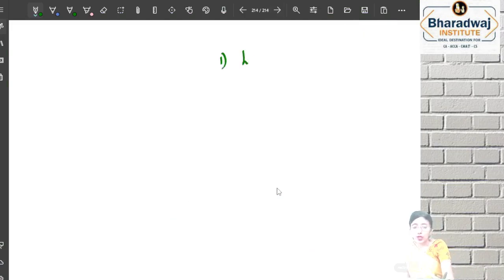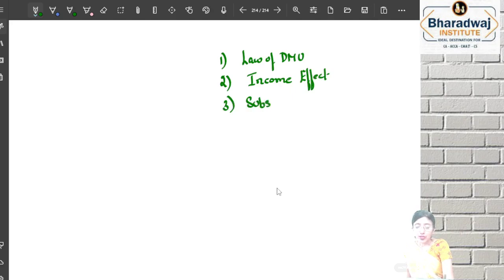See, law of DMU, income effect, substitution effect. These are not exceptions, Mudit. The exceptions are Veblen effect, Giffen effect, speculative effect, situations of scarcity and inflation, and price dilution.